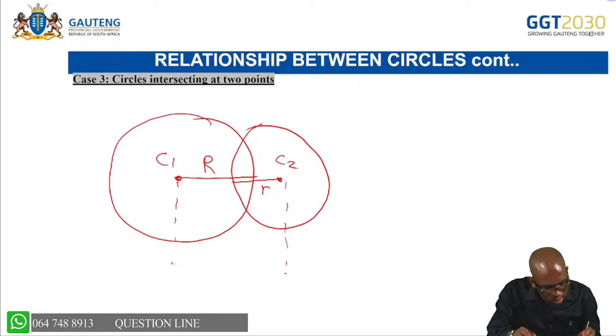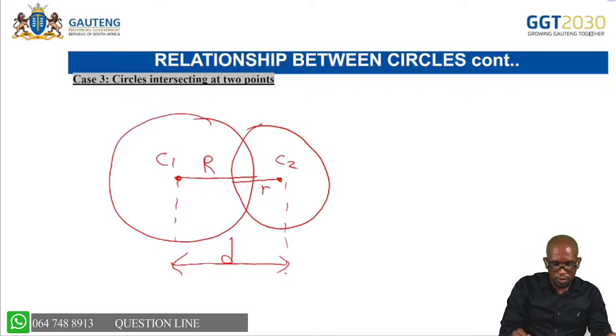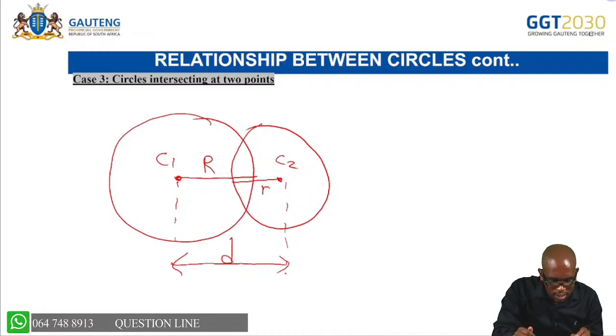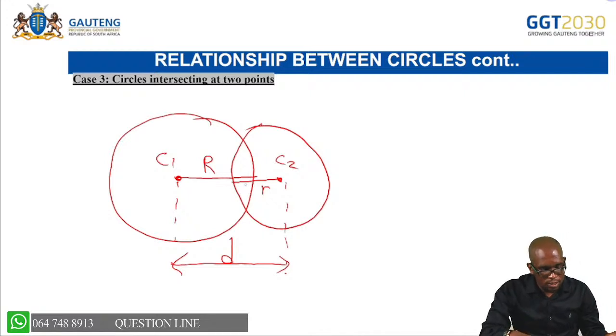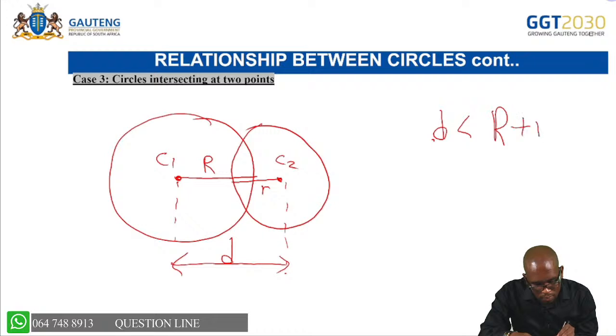Now, if you check here, the distance d, if you check R plus r, you can see that there is an overlap or an intersection. So there's a part there that is going to be added twice. As a result, we get that d should be less than R plus r.